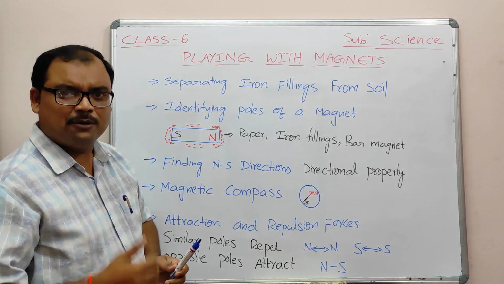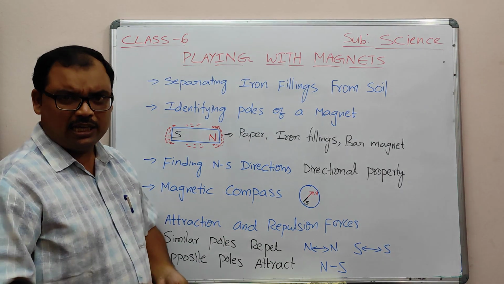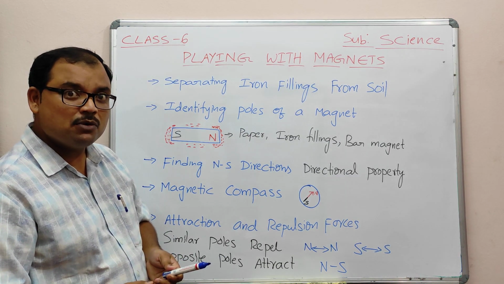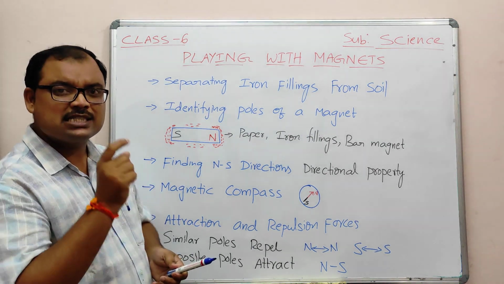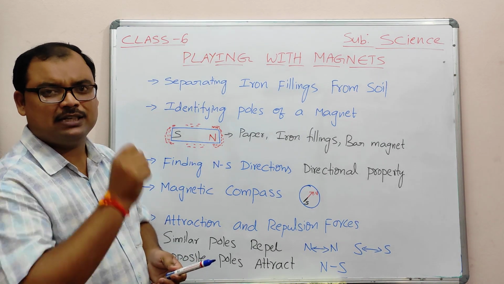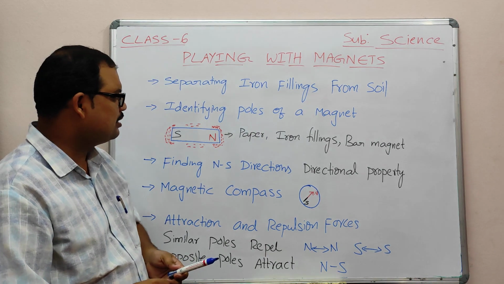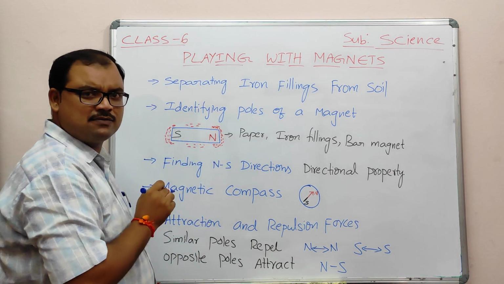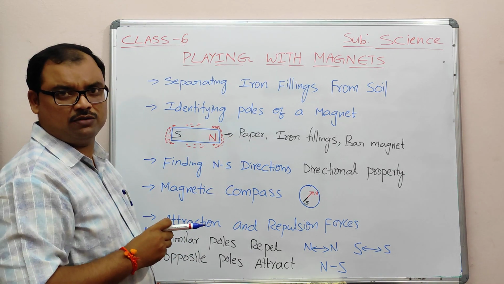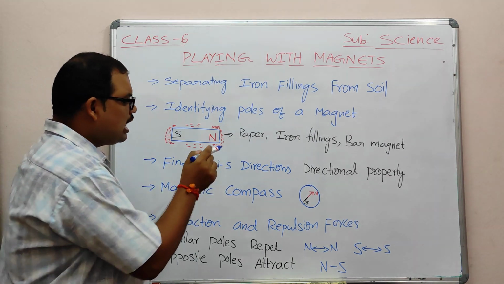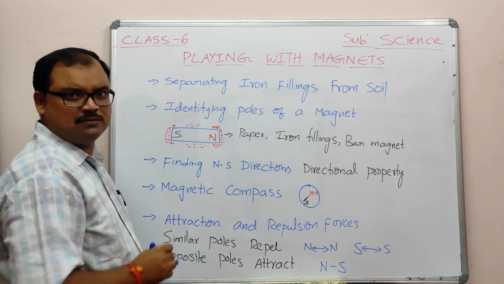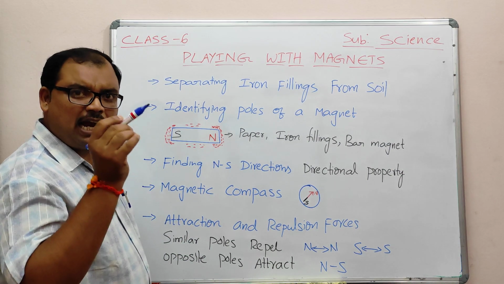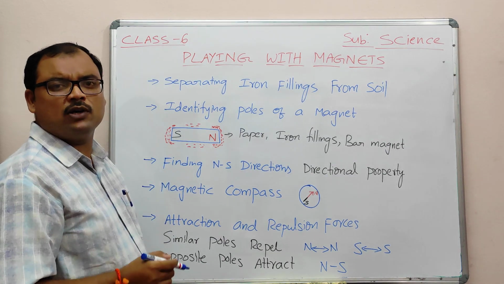Now, after doing this activity, if you observe the bar magnet carefully, one more interesting and special thing happened. You know what it is? There will be iron filings gathered more at the two ends of the bar magnet, at the two edges. Look at the mid portion of the bar magnet.